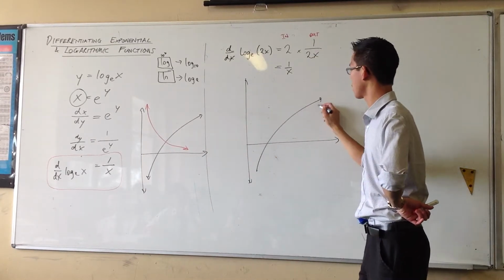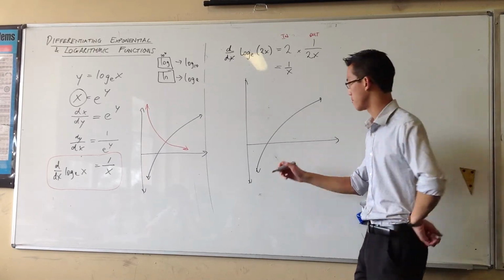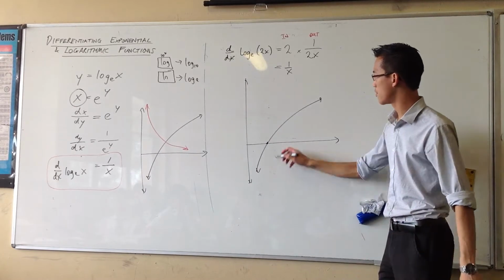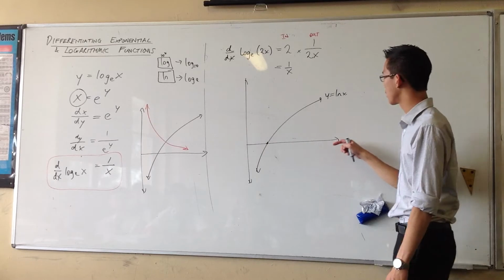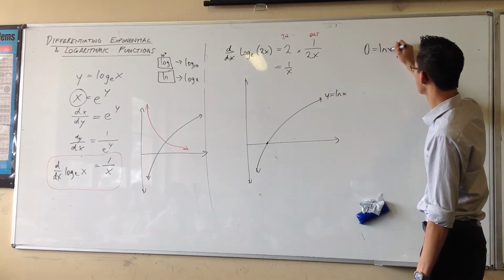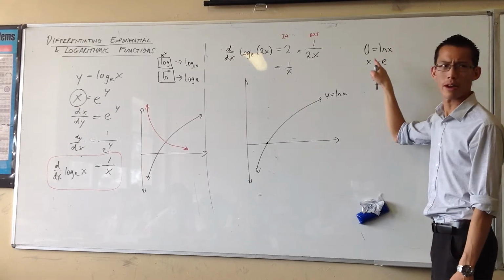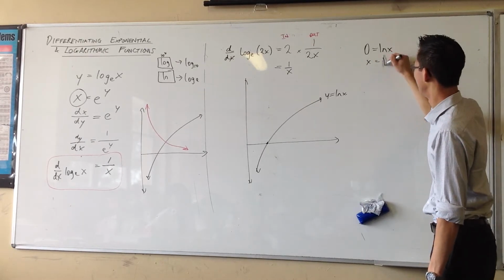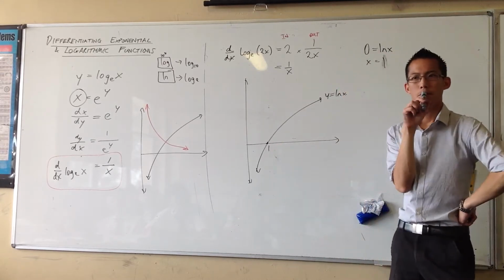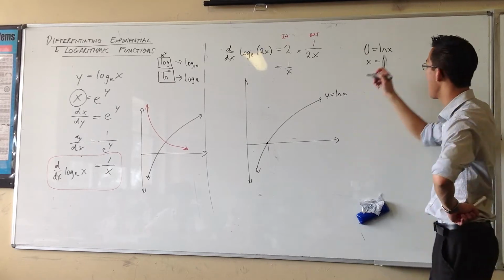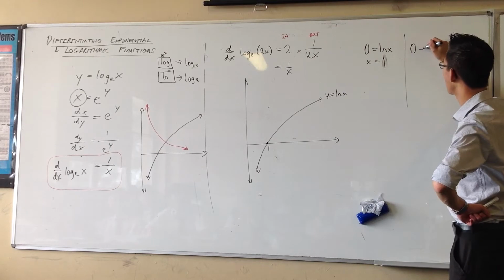If I put log e to the x here, and this is natural log, when y equals 0, what's x equal to? 1, because it's the exponential one flipped sideways.